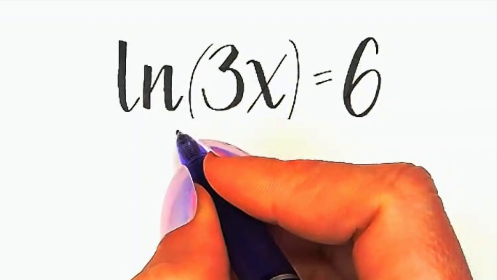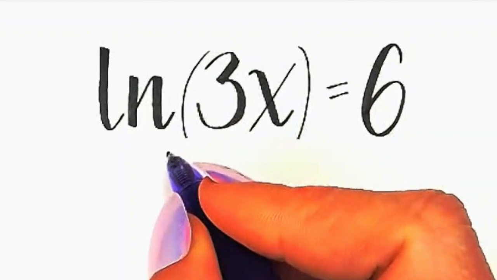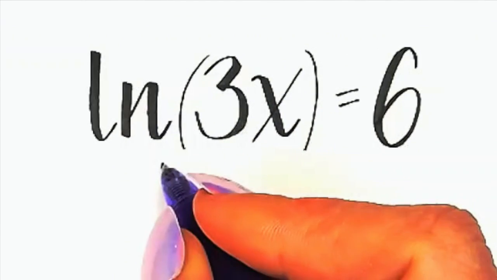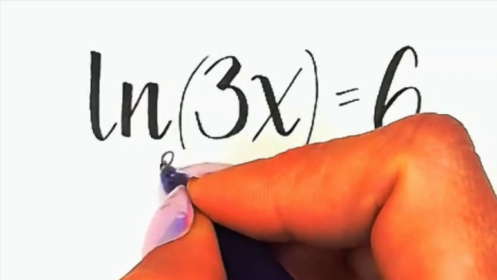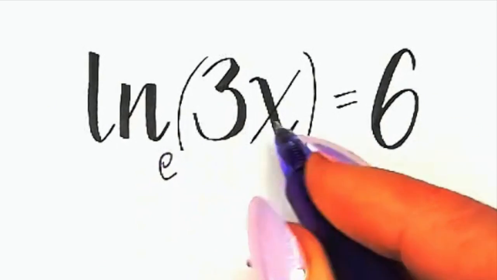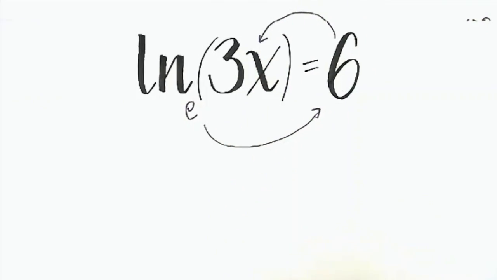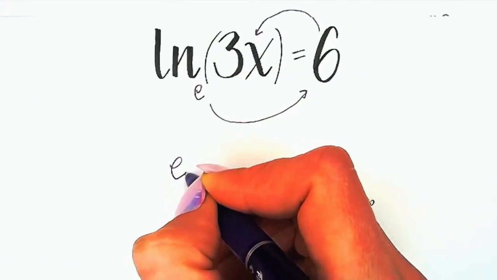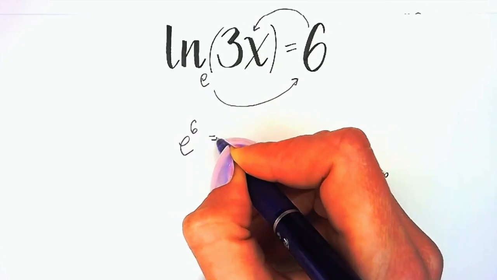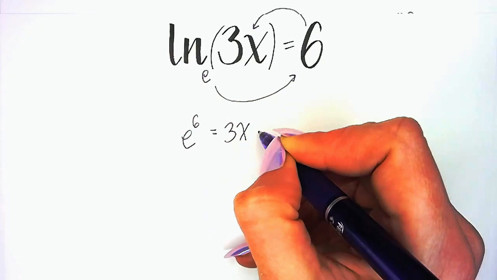The base of a logarithmic equation, where we have the natural log, is e. It's already isolated. You can go from logarithmic to exponential form. E to the 6 is 3x.